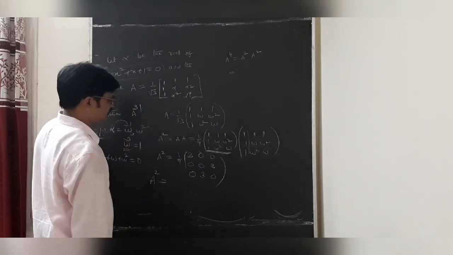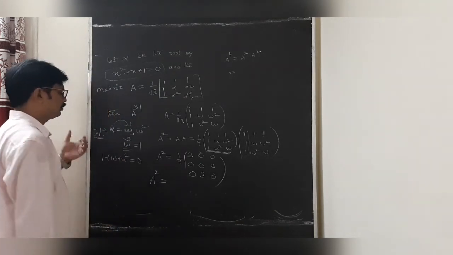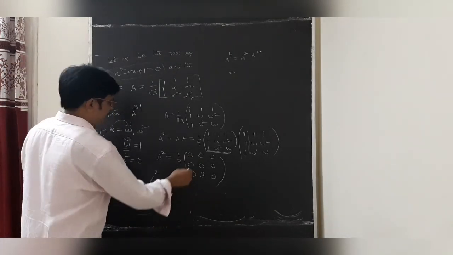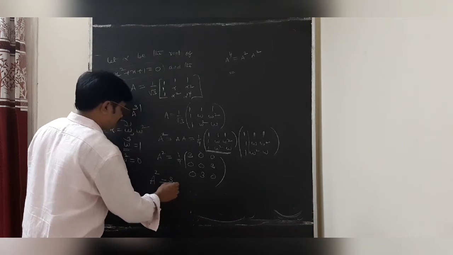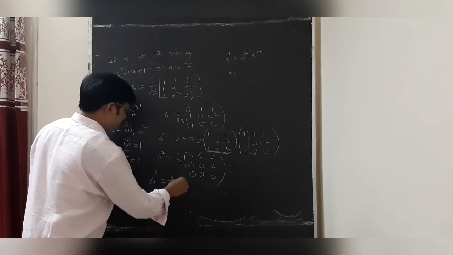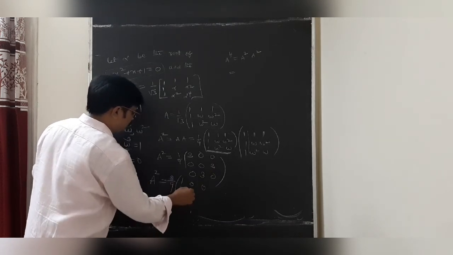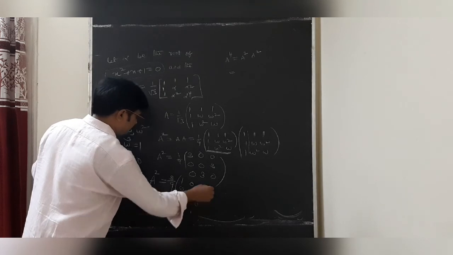So taking 3 as common, this is not a determinant, so undoubtedly we can write it as 3 by 9 times the matrix 1, 0, 0; 0, 0, 1; 0, 1, 0.